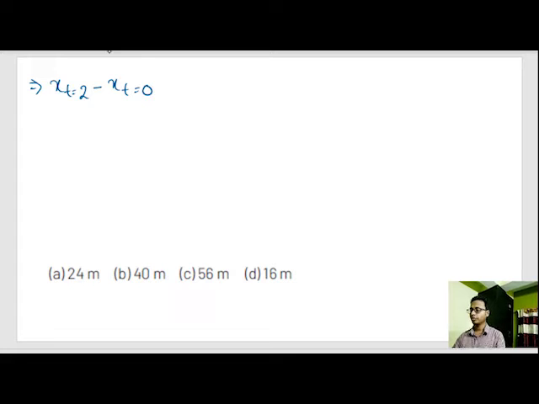So our position equation was x is equal to 40 plus 12t minus t cube. This was given in the question. So x at t equal to 2, you have to substitute 2 wherever the time t is there.